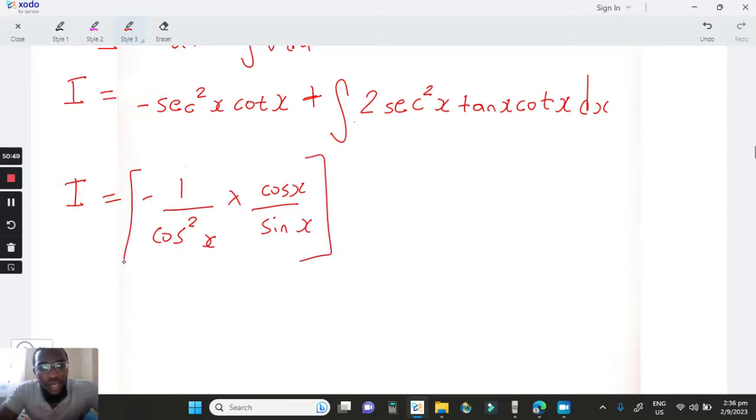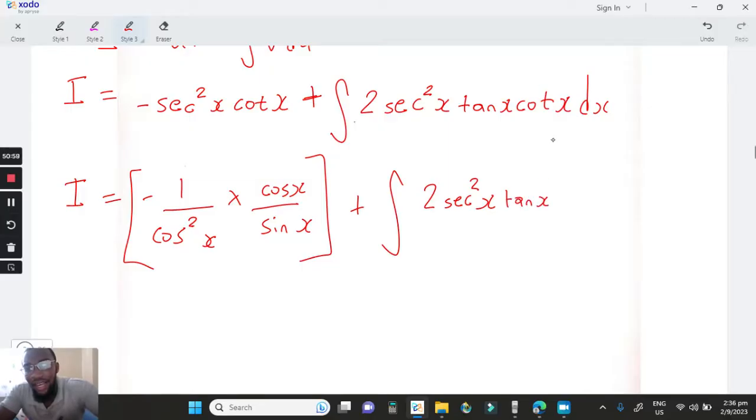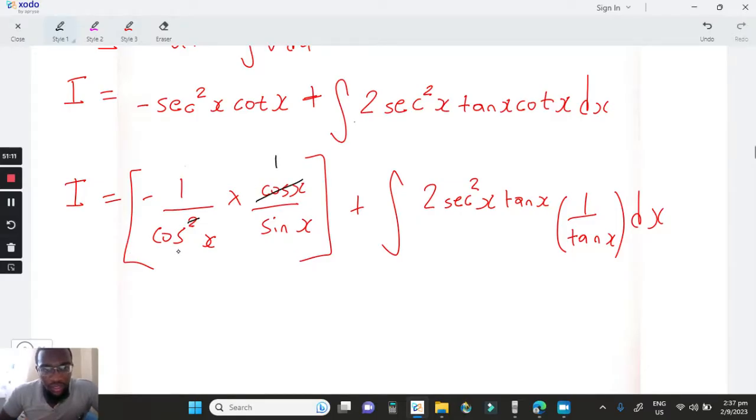That's the first part. Plus the integral of 2 sec square x, I won't trouble the sec x for a reason, times tan x. Then I remember cot x is 1 over tan x. Cot is 1 over tan, alright? Why did I do that? I did that because the cos x in the numerator cancels out one of the cos from the denominator here. Then tan x cancels this tan x.